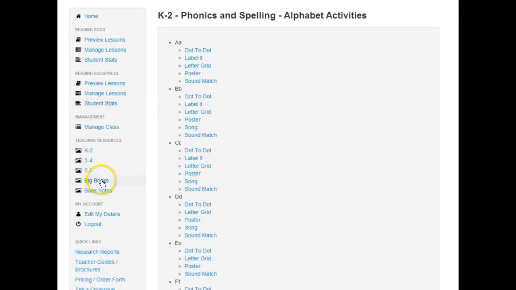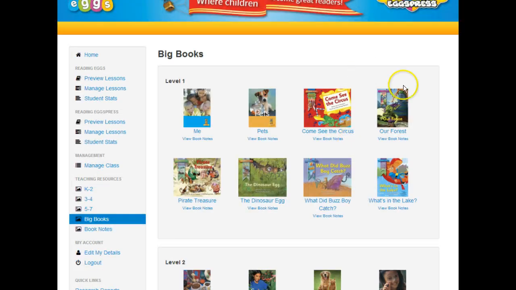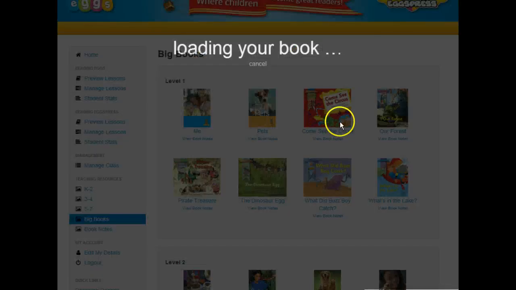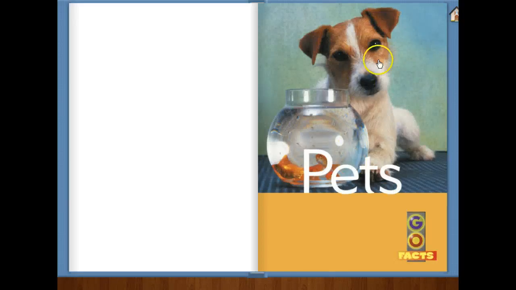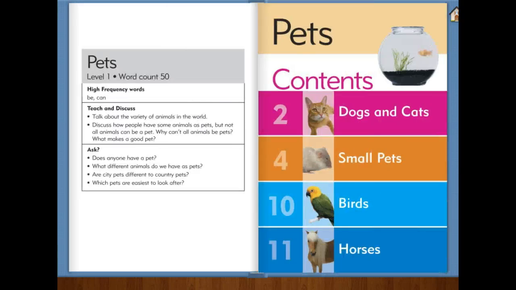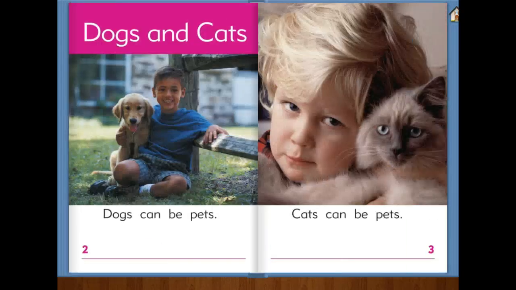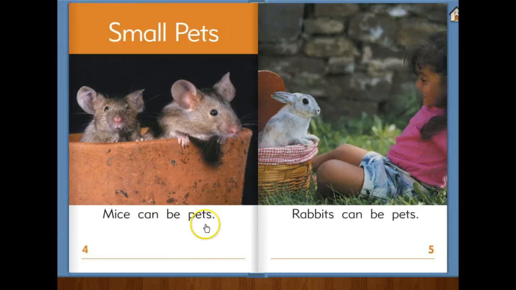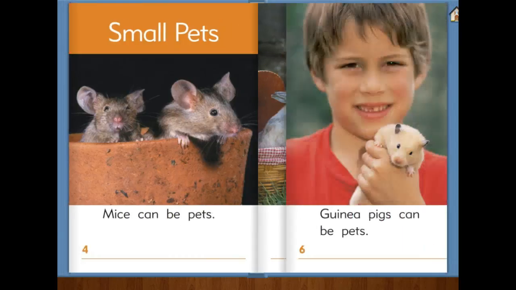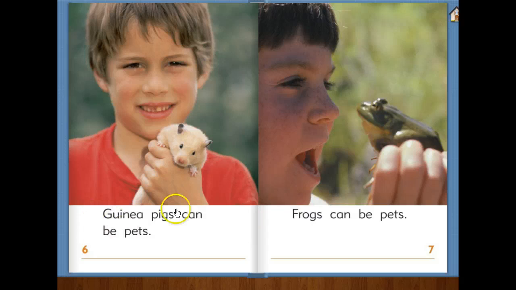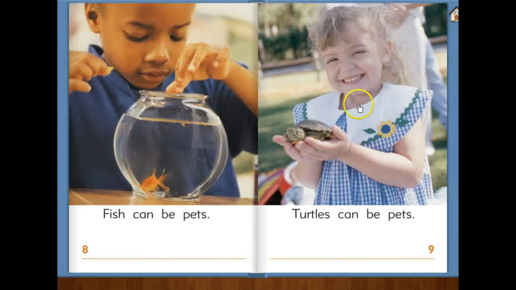Another tab that I really have enjoyed is the Big Books tab, and the students really love to come up and listen or to read these to me. They're very easy readers. One they really enjoy is Pets, and you can see they turn the page, and I've put this on the smart board or on the computer, and if the student can read it, then he can go enter the book on our reading chart that we're trying to win a pizza party for the most books read.